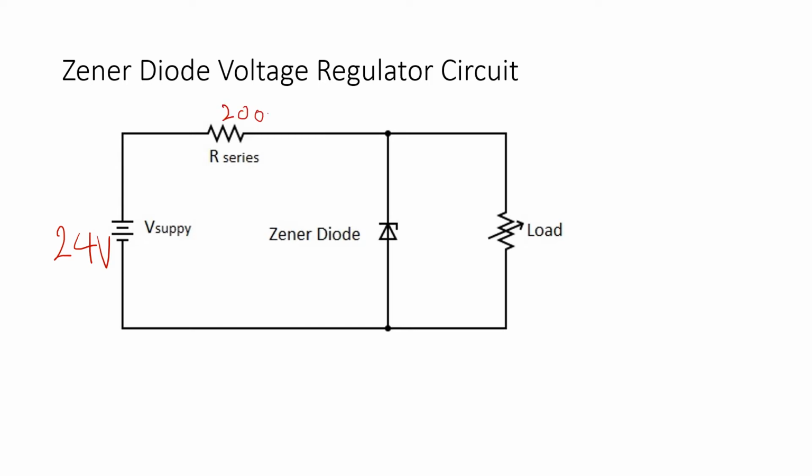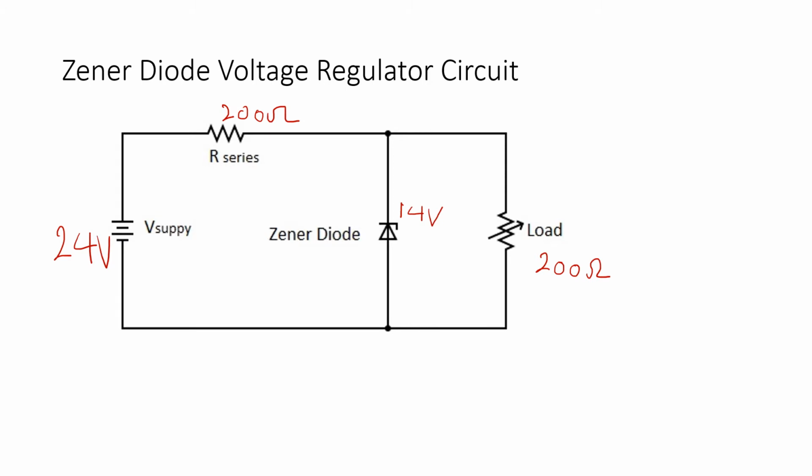We just make up values here. And let's say it was a 14 volt Zener diode. And let's assume that we had a 200 ohm load.